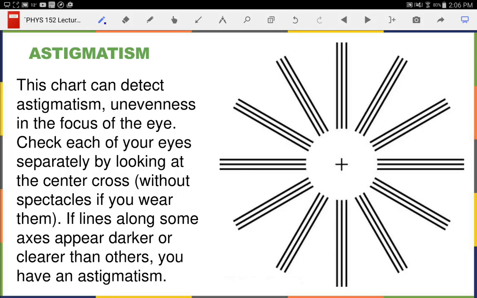You can focus on different lengths. And so with presbyopia, the lens gets hard. And as it hardens, it doesn't deform as much. And so you can't accommodate as well. And so what happens is your far vision is unchanged, but your near vision, the accommodation starts moving out.